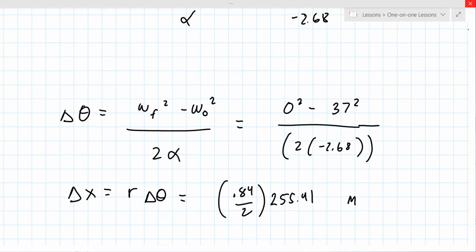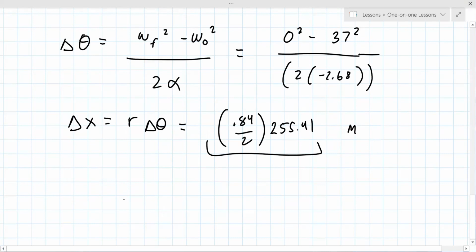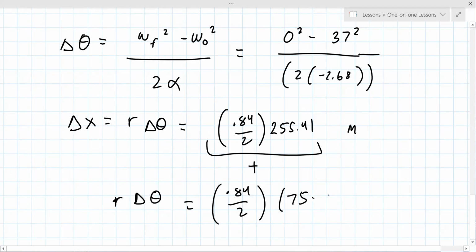So it's the number you just got plus your radius times the 74 revolutions. So it's the radius times delta theta again. So you're going to add this to 0.84 over 2. That's your radius again. And then you went 75 revolutions times 2 pi, because it's 2 pi radians per revolution.